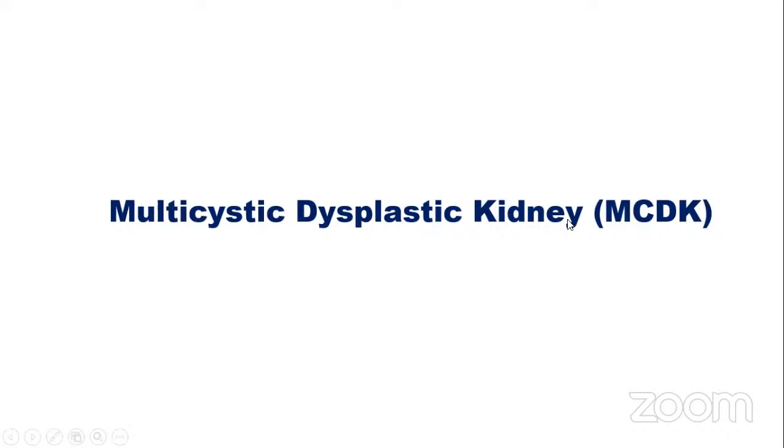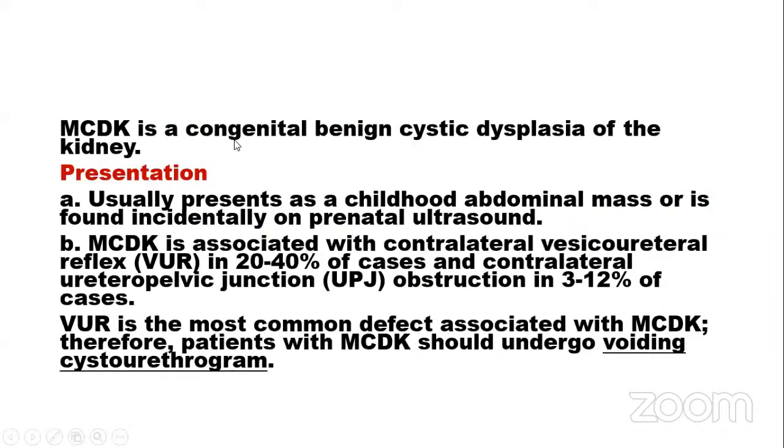Multicystic dysplastic kidney, or MCDK, is a congenital benign cystic dysplasia of the kidney, usually presenting as a childhood abdominal mass found incidentally on perinatal ultrasound. Multicystic disease of the kidney is associated with contralateral vesicoureteral reflux, VUR, in 20 to 40% of cases, and contralateral ureteropelvic junction obstruction in 3 to 12% of cases.